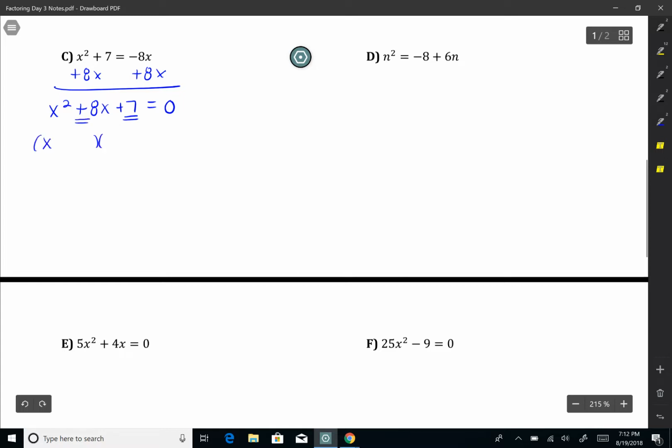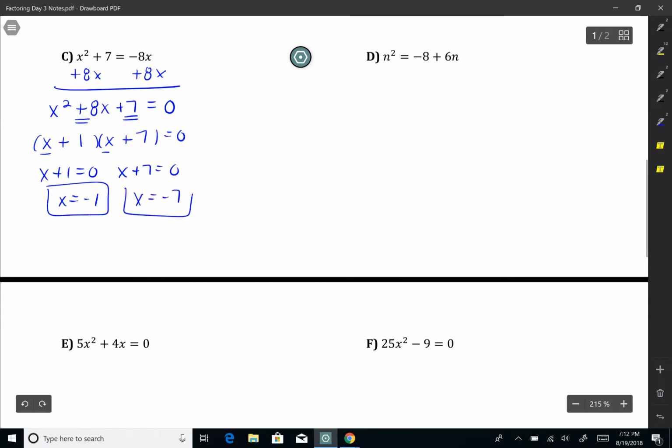My x squared is just plain old x squared, so this is one of those easy ones where I know I have x and x as my first terms and my factors. 7 is a prime number, so my only options to multiply to 7 would be 1 and 7. And sure enough, 1 plus 7 does give me 8. So setting each of these equal to 0, I get x equals negative 1 and x equals negative 7.